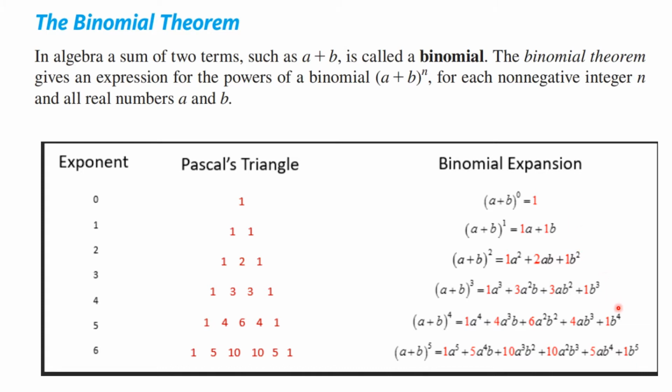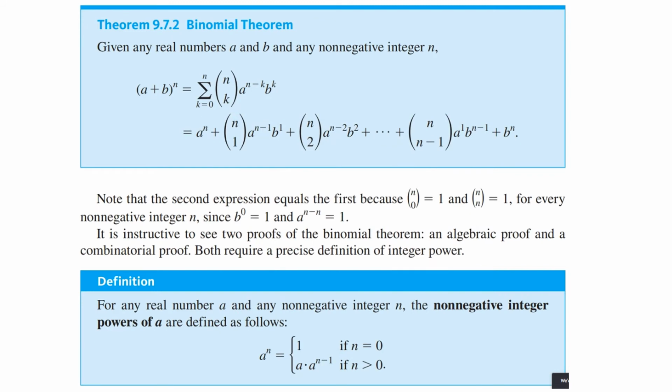Now this doesn't prove anything yet, but notice that these coefficients shown in red here are the same as the coefficients in Pascal's triangle. So that gives you reason to believe that there might be a theorem like this, which is the binomial theorem.